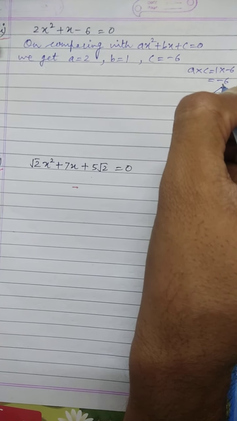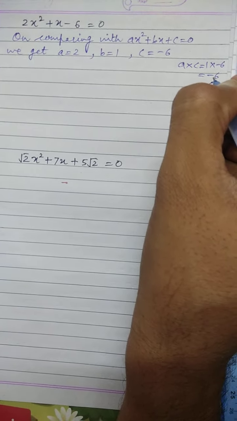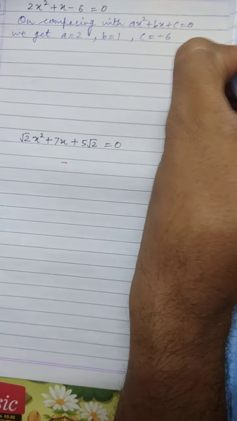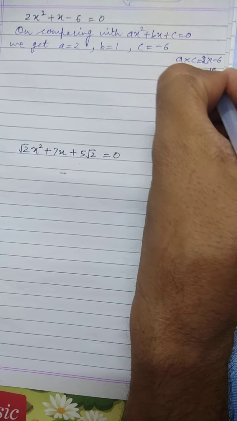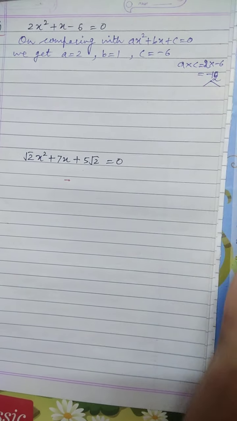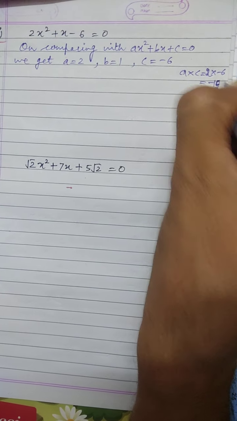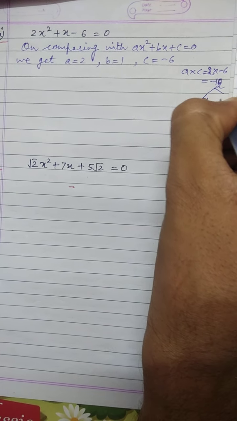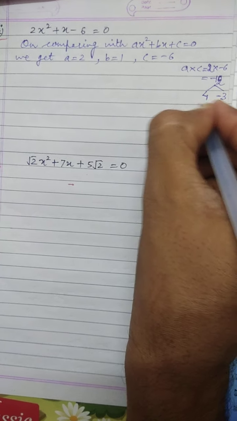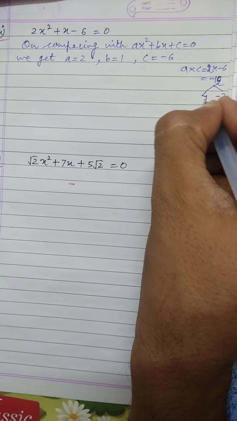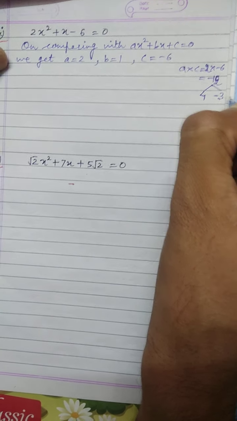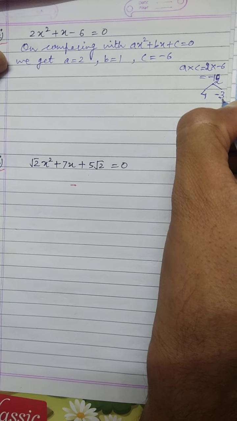Now the factors of minus 12 can be 4 and minus 3, because when we multiply 4 and minus 3 we get minus 12, and when we add 4 and minus 3, we get plus 1, which is the middle term.